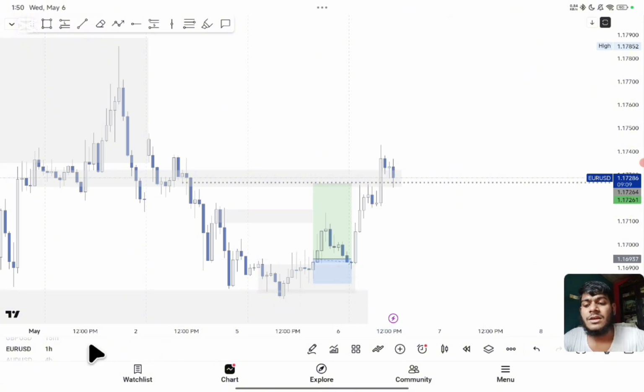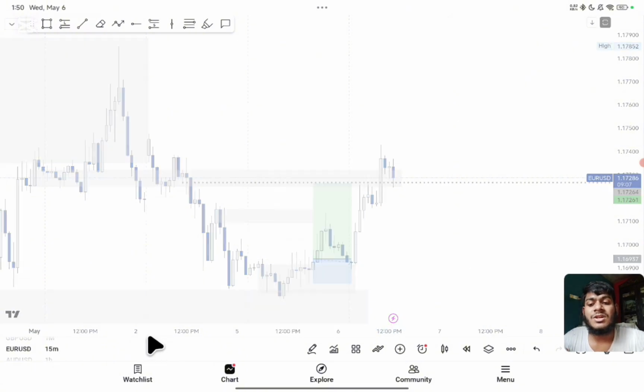But then after thinking a lot last night, I ended up putting my SL just a little bit below my entry, both in EU and GU, and both of them turned out to be a loss. And then it reversed toward the TP.